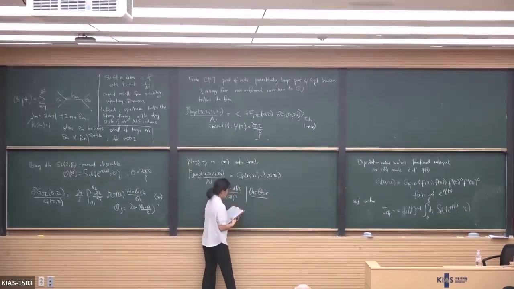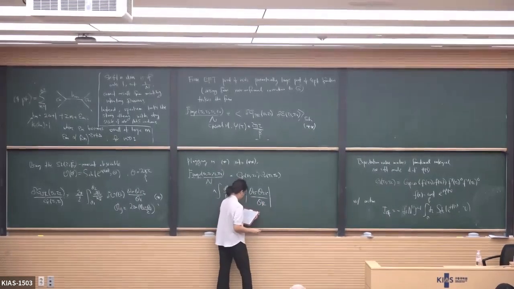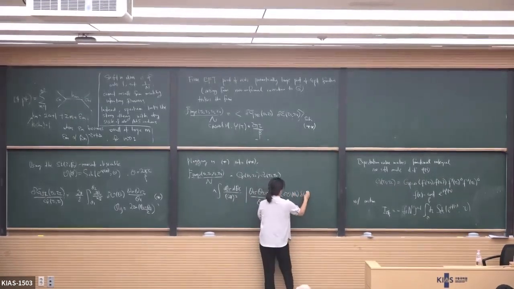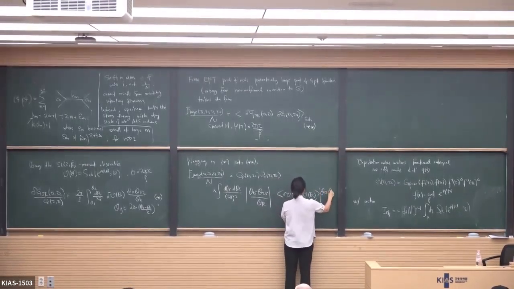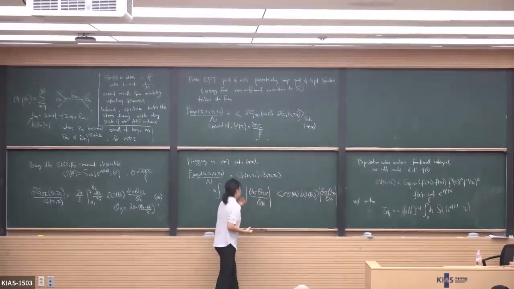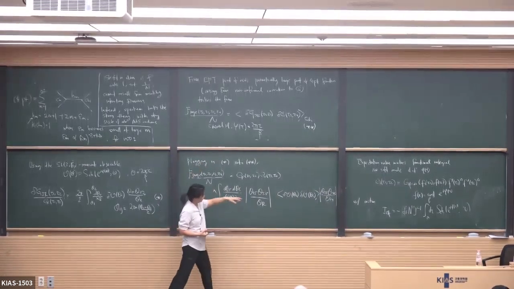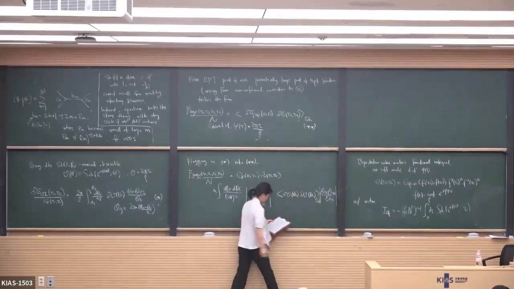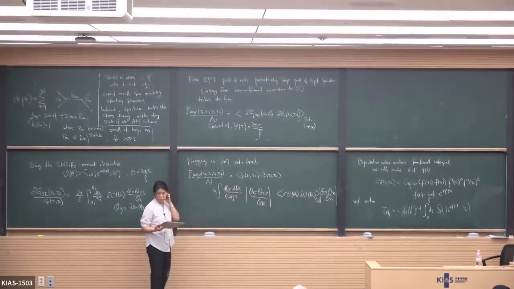This factor is basically a conformally invariant 3-point function. So all we've done is express the 2-point function there as an integral over the 2-point function of delta O. Any questions?